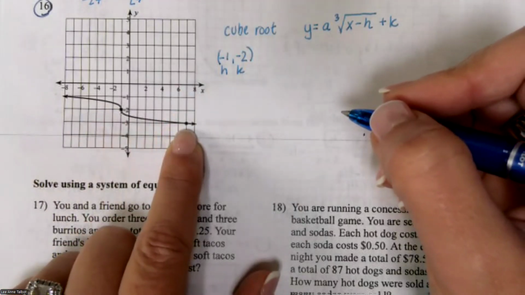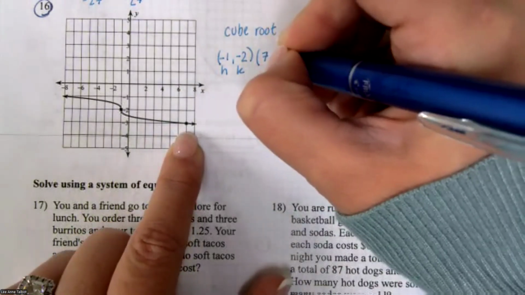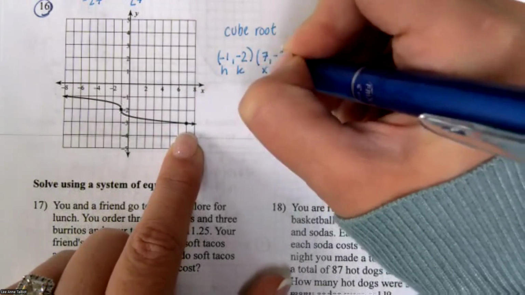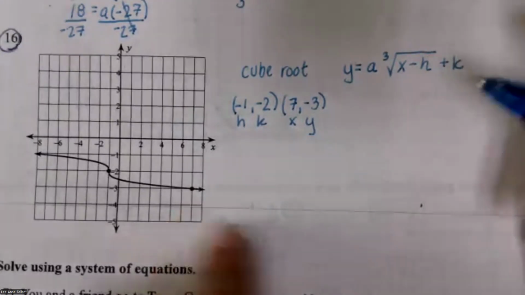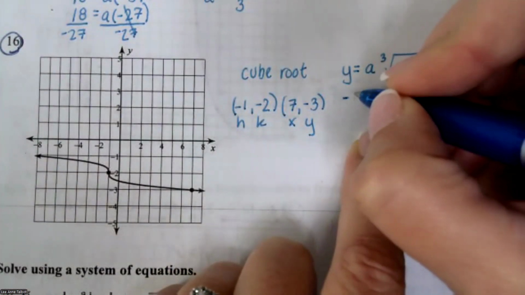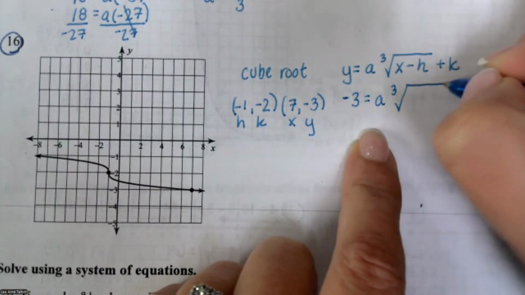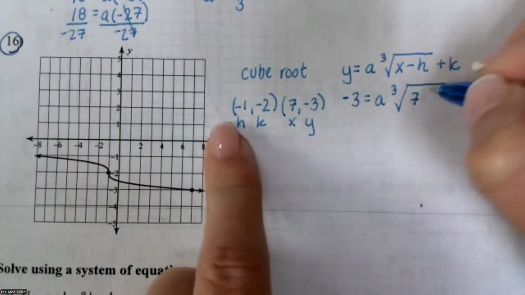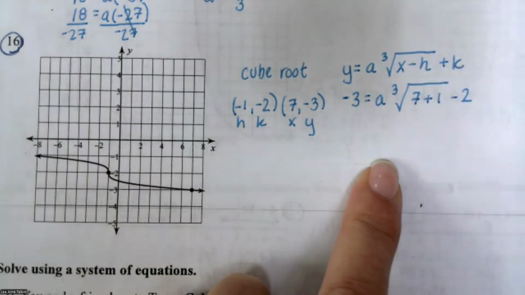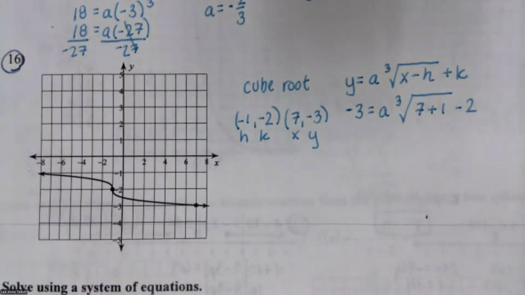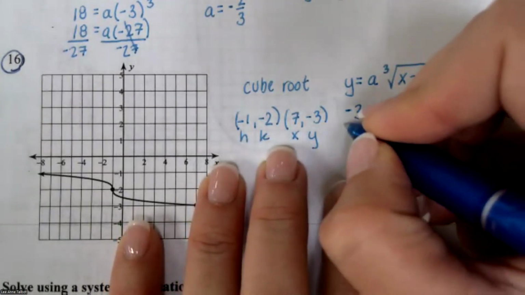And then this other point that they gave me down here is my x, y. So that's (7, -3). So -3 equals a times the cube root of (7 plus 1), minus 2. Plus 2, get the 2 out of there.